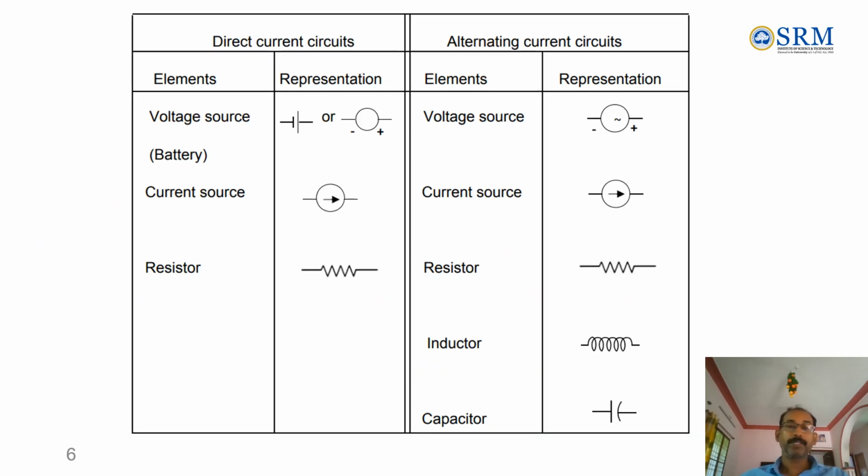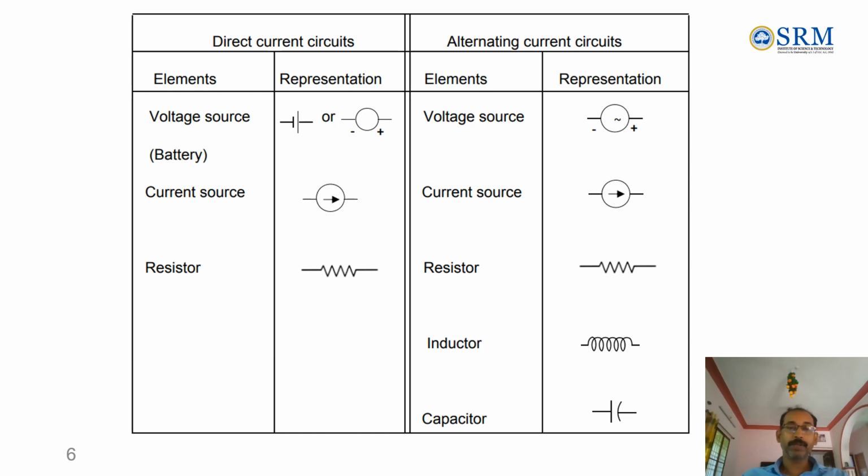Look at the direct current circuit and alternating current circuit, that is DC as well as AC. DC is called direct current circuits, AC is called alternating current circuits. The DC elements like the voltage source, either this way or in this way, you can represent in the circuits, and the current source. In the same way, this can be represented in this way also, opposite.